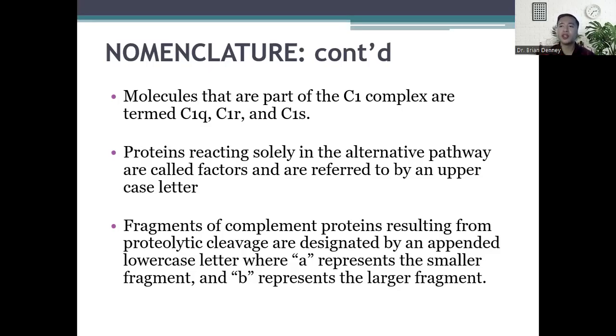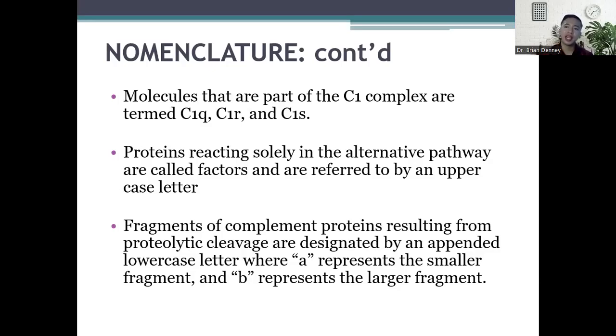Because we use the term factor, followed by the uppercase letter. For example, factor D. Or another example, factor B. So there is that term factor, followed by an uppercase letter. So memorize, okay.